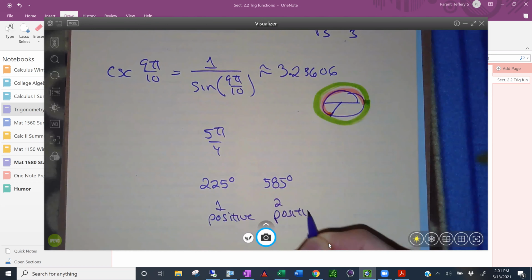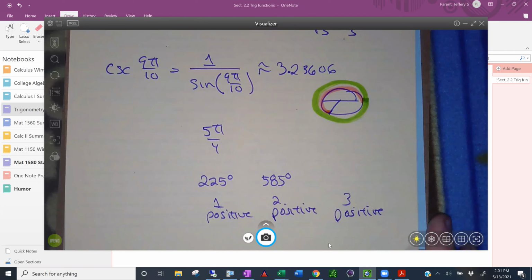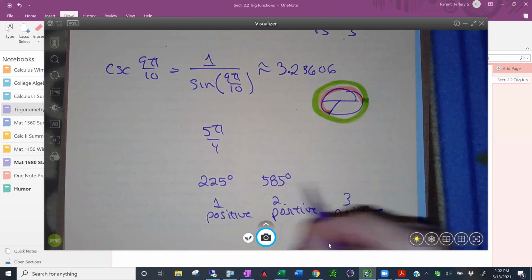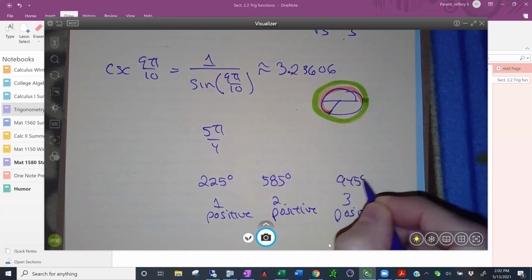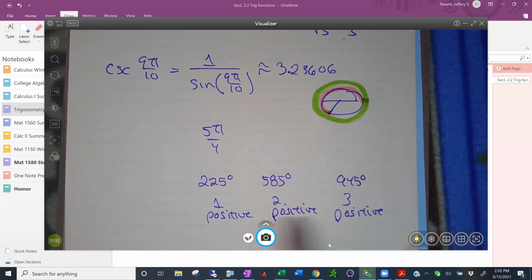I think the problem asks me for a total of 3 positive angles. How would I get another one? Add another 360, right? Adding another 360 takes me up to 945. And now I've got my 3 positive angles. How do I get a negative angle?